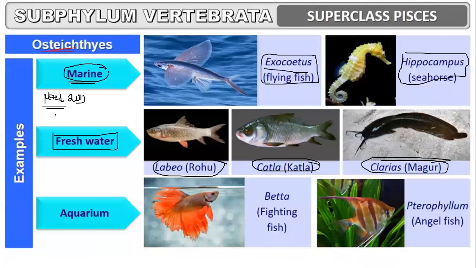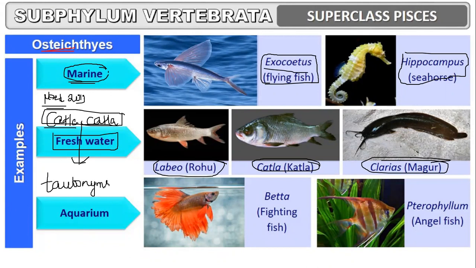In case of the fish named Catla, what is the speciality associated with its scientific term? So the answer is tautonym. Clear, everyone? And at the same time, Rattus, which is a rat.